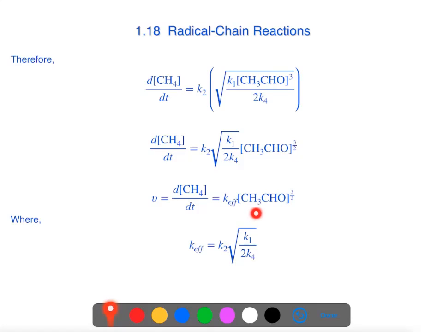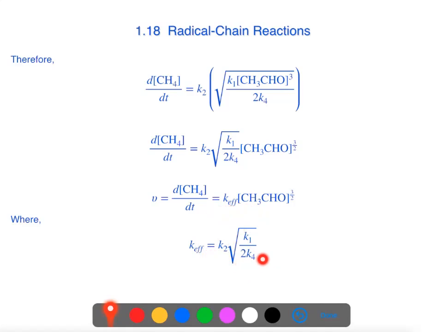So in summary, it is typical to see non-integer values for radical chain reactions. This is not surprising to have a 3/2 order with respect to an important reactant. Also, you'll see that when we look at the rate constants within this composite, K2, this first propagation step, is quite important. K1, the initiation step, is also very relevant.